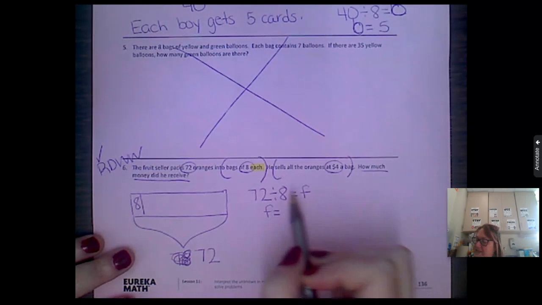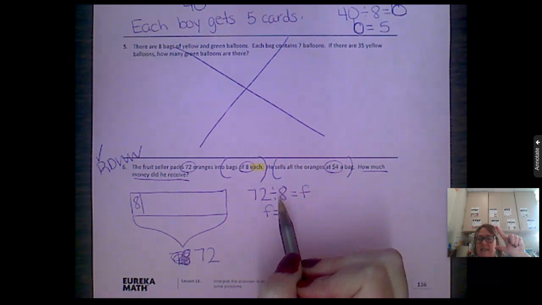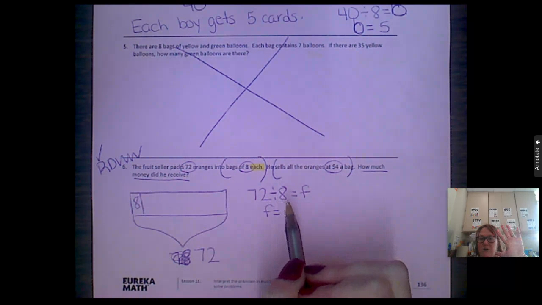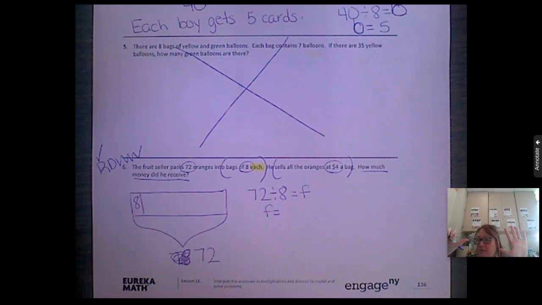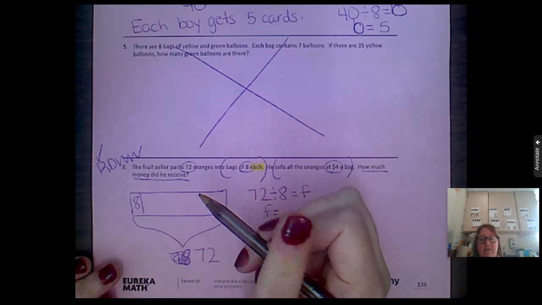All right, so I'm going to count by 8 till I get to 72. Ready? 8, 16, 24, 32, 40, 48. What comes next? 48, 56, 64, 72. Okay, so that equals 9. So we'd have 9 groups. So if I want 9 groups, I want 8 lines.